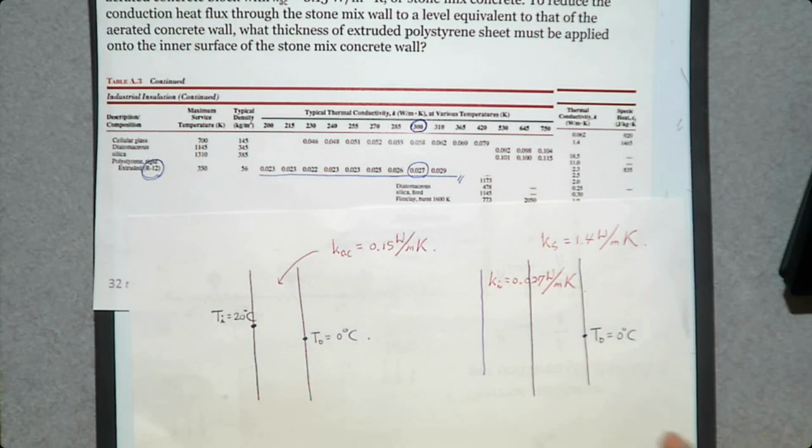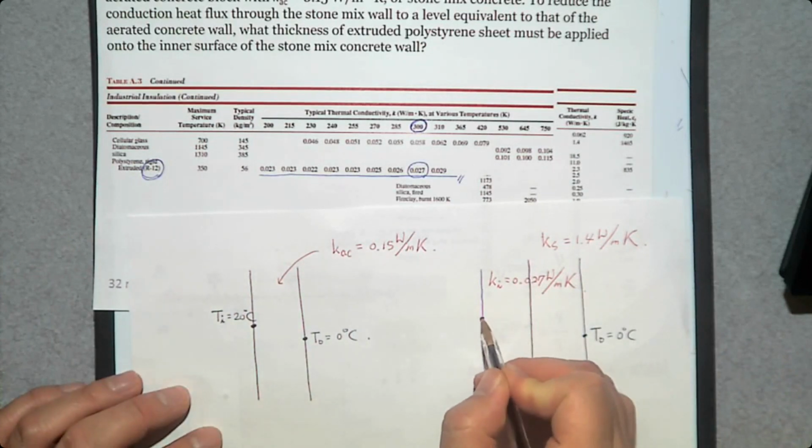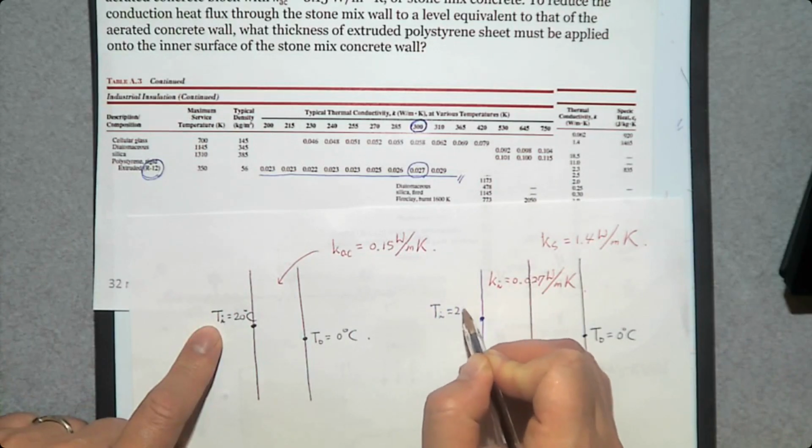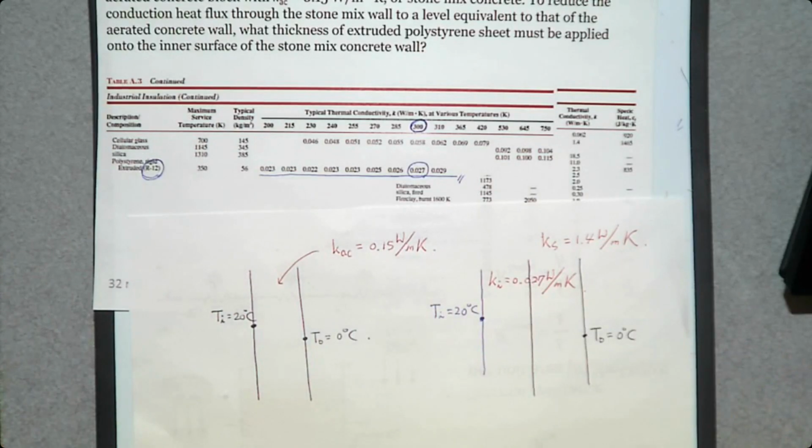And the temperature of this inner surface is going to be the same, 20 degrees Celsius. So what we want is to know how thick this insulation should be to have the same rate of heat transfer.